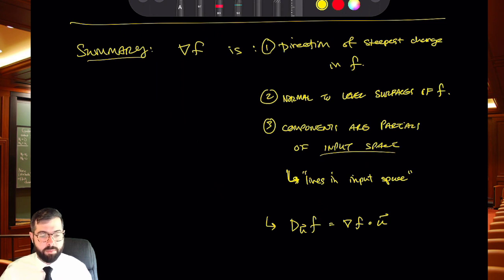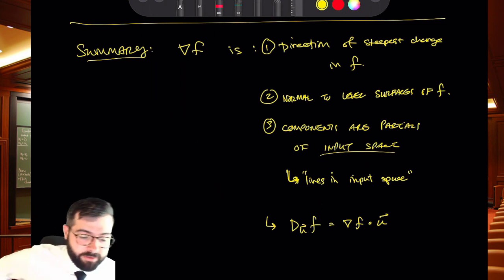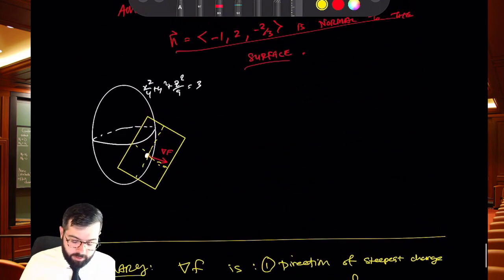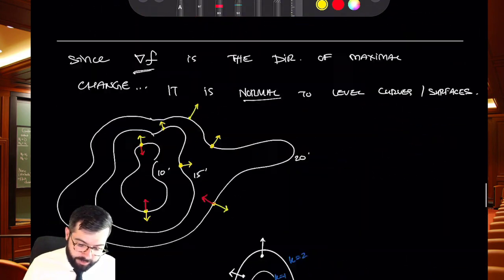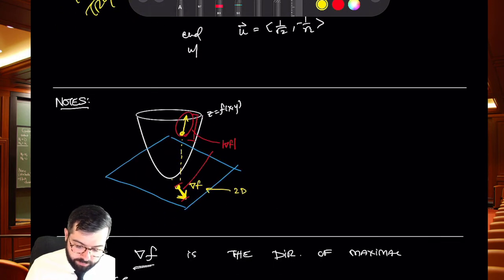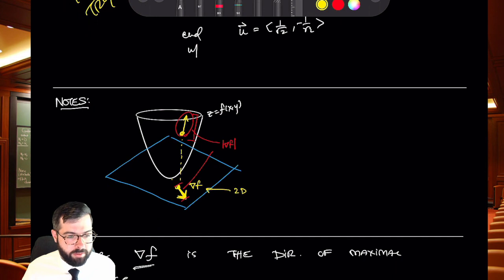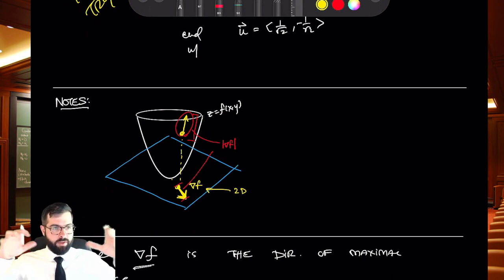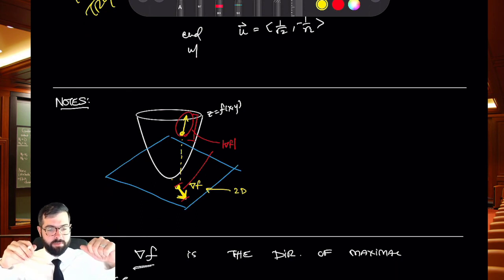So the input space is the xy plane. I had another question. Yes. Not for this one that we did, but for this one here. Here's a function where the input space is the xy plane. And where this function resides, right, is really in R3. So the output is the 3 space, and the input is the 2 space. So the gradient lives in the 2 space.